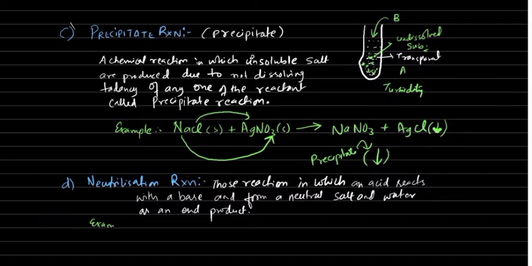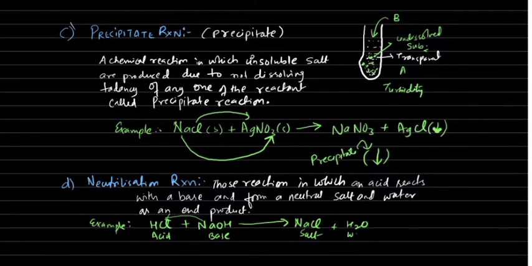These are very simple reactions. HCl is an acid and NaOH is an example of a base. When they react, it is also a double displacement reaction. Na will combine with Cl to become NaCl, which is common salt, plus H2O, which is water.